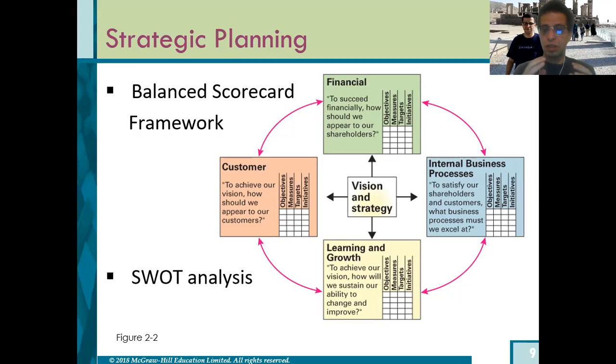The financial perspective is to succeed financially: how should we appear to our shareholders? That's the main one, the shareholders. Internal business process is to satisfy our shareholders and customers: what business processes must we excel at?